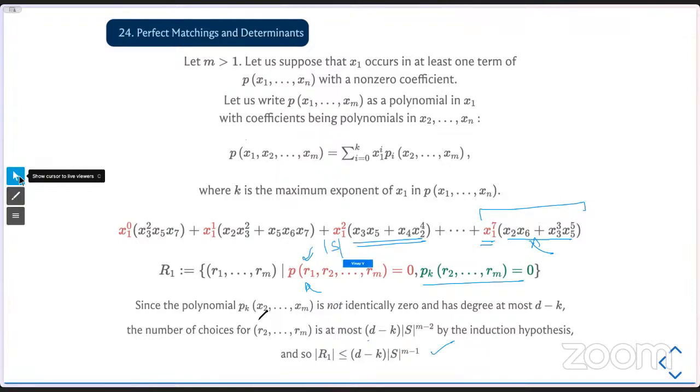I'm prepared to take everything and say it gets destroyed. I'm really very unhappy that this is 0, and therefore I'm prepared to upper bound it very badly. On the other hand, if this survives, then I have a univariate polynomial. And that univariate polynomial cannot have too many roots, which is the second case.